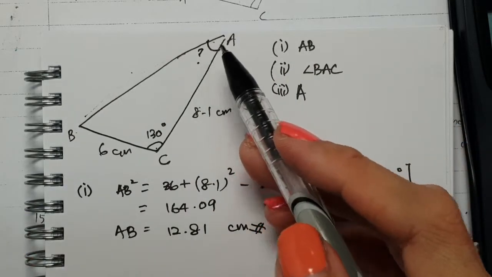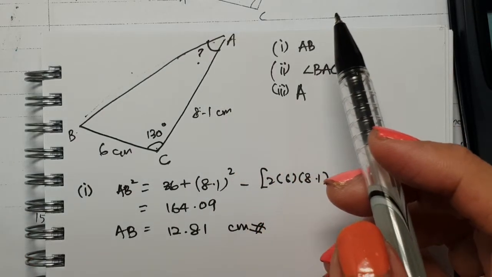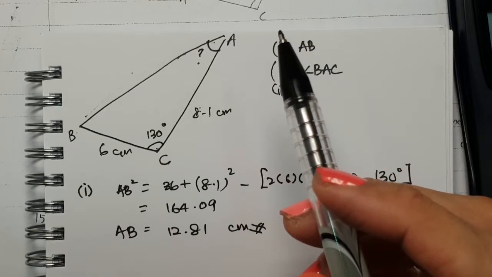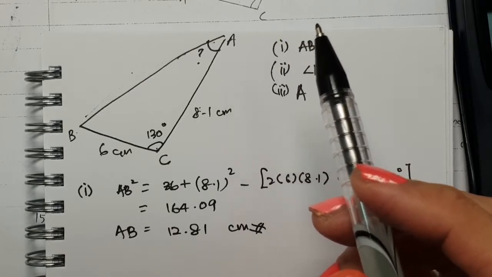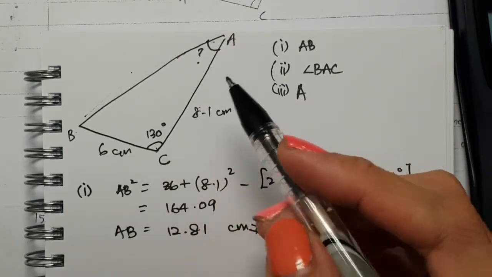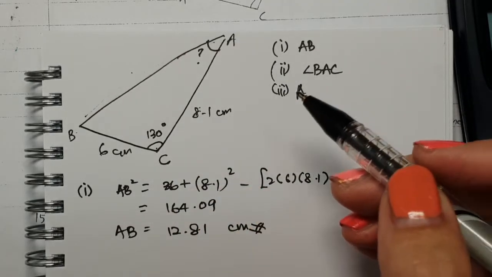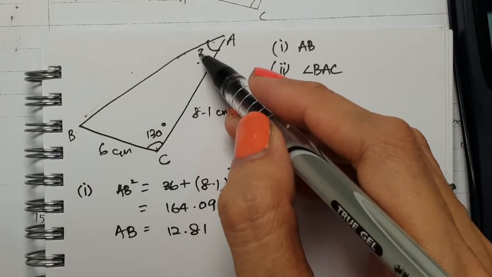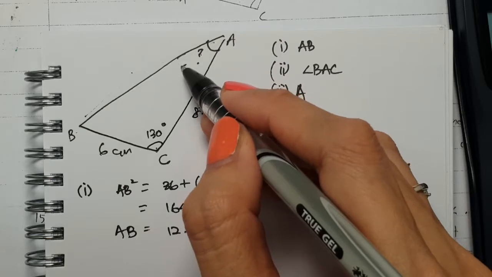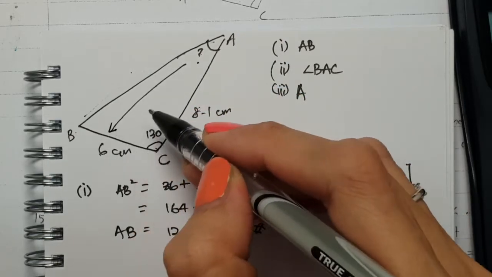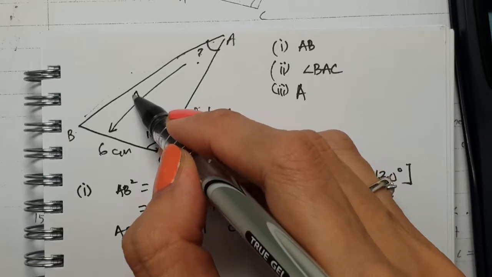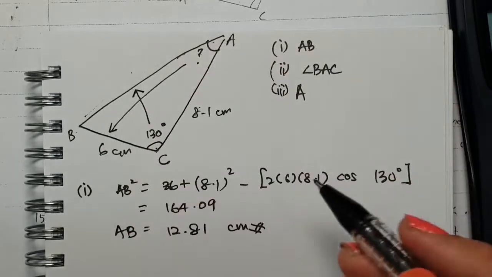To find this, we have to apply the sine rule, because the sine rule requires a pair of a side with its angle, with another pair of a side and its angle, where one of them is unknown. So in this case, I need to find this. Then the corresponding side will be the opposite one, which is proportional to 130 with the opposite side that we have just found, AB.